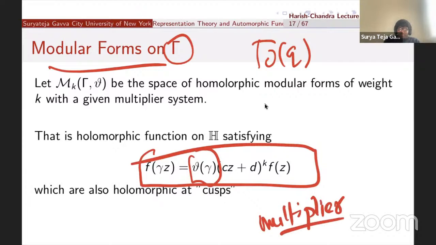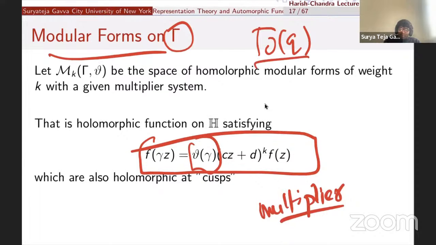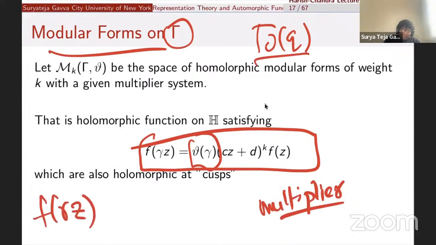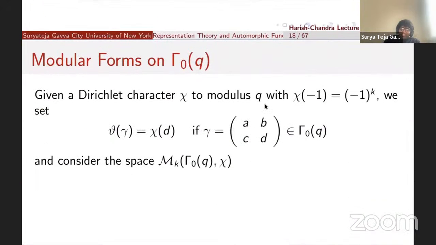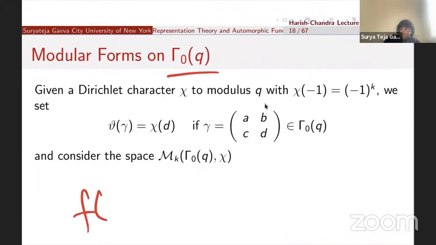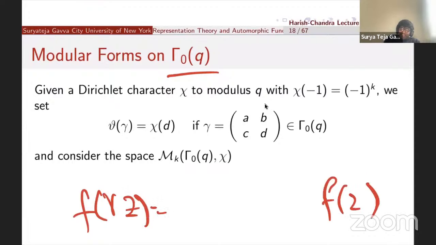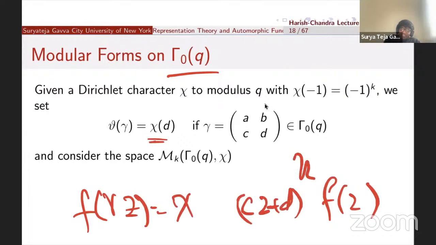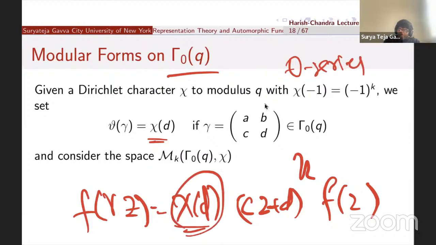But for instance, in the case of gamma_0(Q), you can study forms which satisfy f(gamma z) = chi(d)(cz+d)^k f(z), where if gamma is (a b; c d), you throw in this extra factor. Why is that helpful? If you have seen some theta series, these extra factors come up, but for now it's okay.